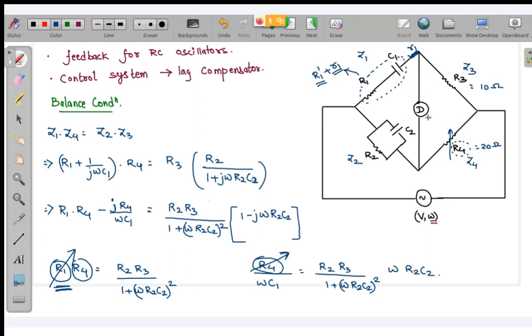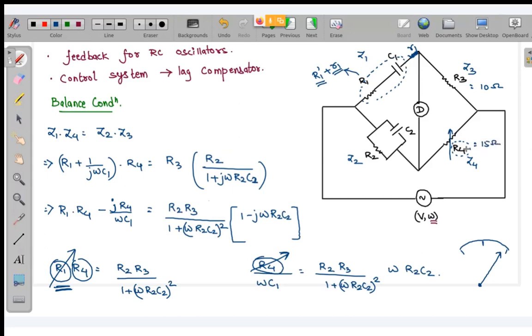While balancing the bridge, suppose this is my galvanometer or detector, and initially the pointer is at this position. Let us assume initially R4 was 15 ohm. This is just one example.